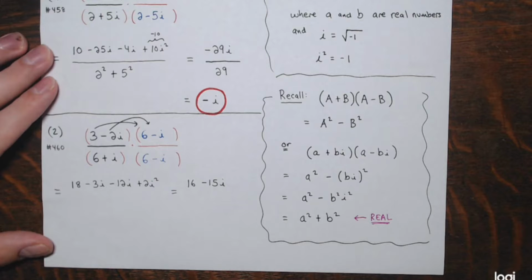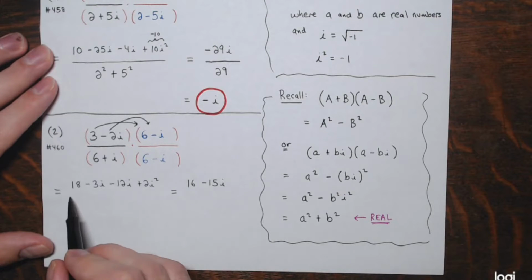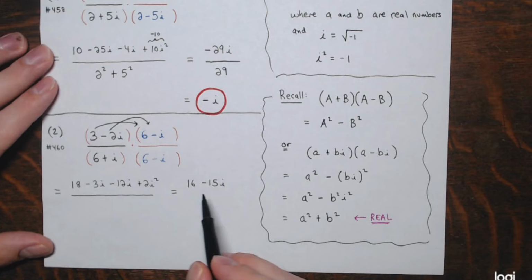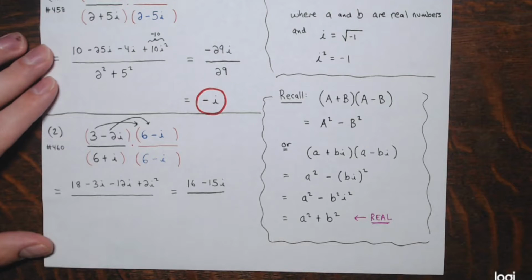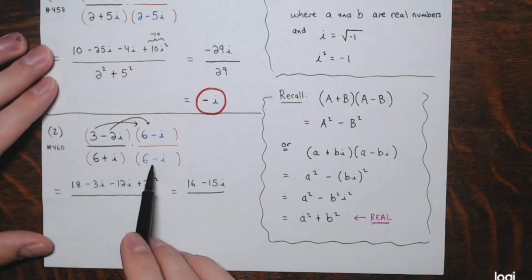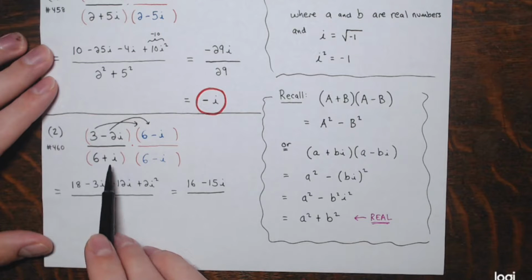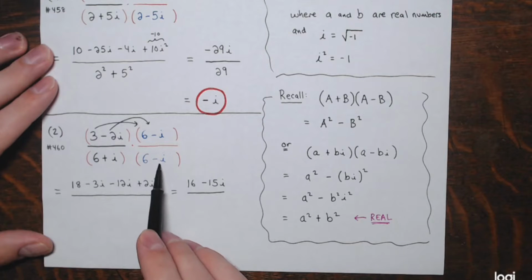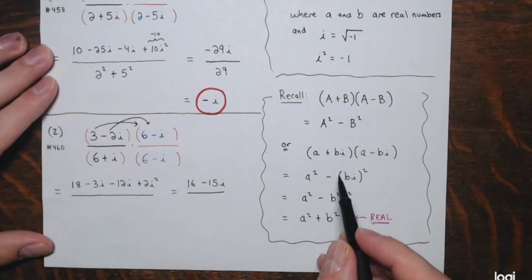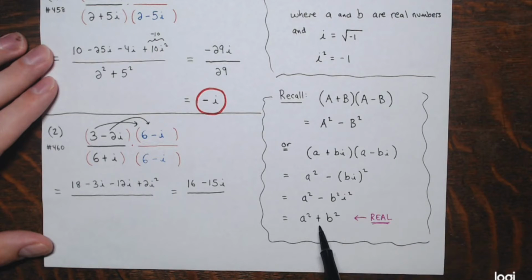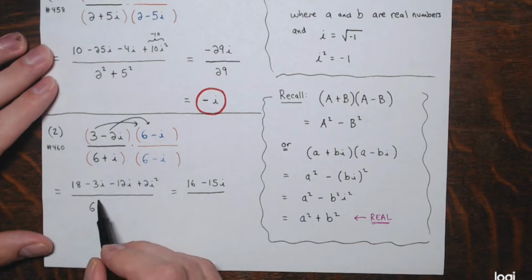Wonderful. Alright, so there's the numerator in standard form, 16 minus 15i, and the denominator should just be a real number. All right, when I multiply two conjugates, 6 plus 1i times 6 minus 1i, if you remember the little formula over here, this ends up being 6 squared plus 1 squared.